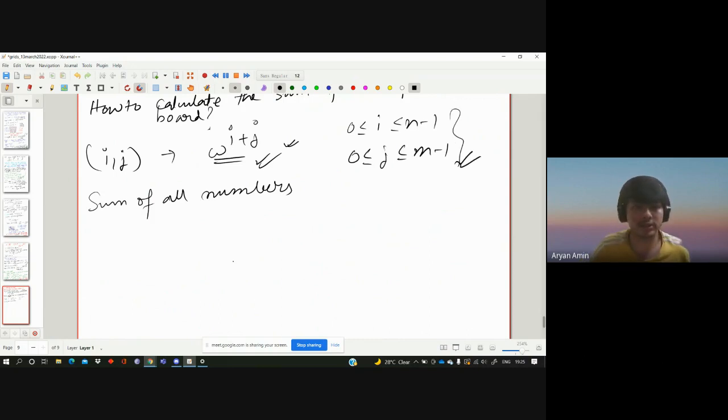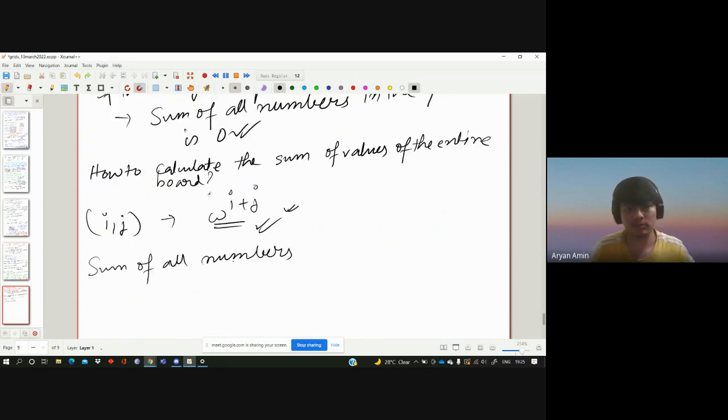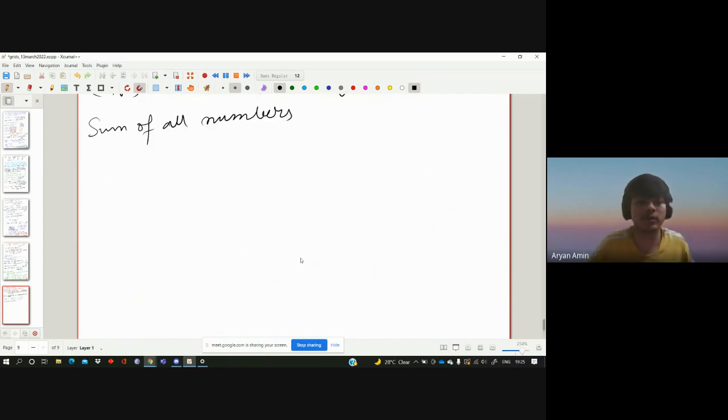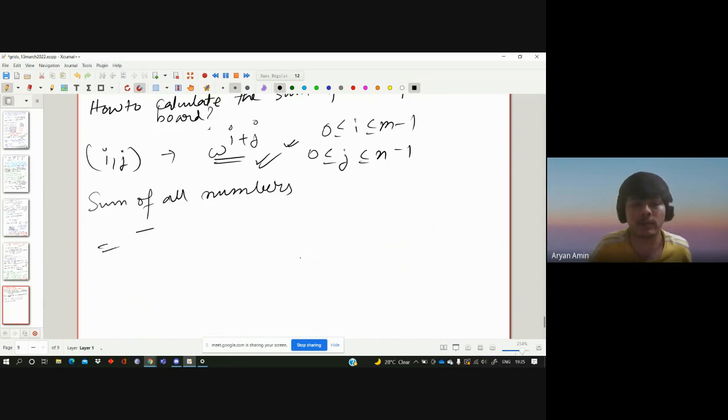I think I switched the indices, sorry. Okay, so now what is the sum of all numbers? The sum of all numbers is just going to be the sum over all possible (i, j).